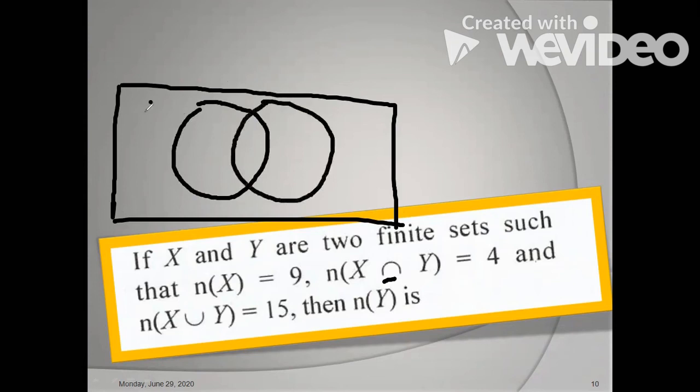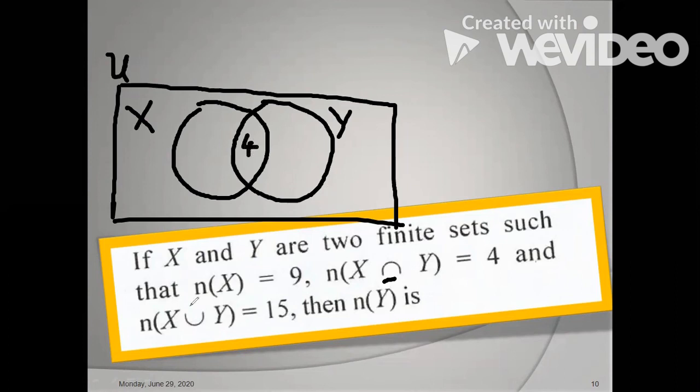So we have set X and set Y. Let me put the U there. I think I forgot to put the U in the previous question. When you're doing these questions, always try to figure out what goes in the center. So basically, 4 will go there.